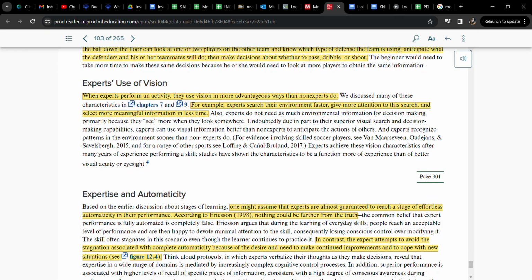Next is the expert's use of vision. They use vision more advantageously than non-experts. Shocker, right? They search their environment faster. They give more attention to the visual search we talked about earlier, and they select more meaningful information in less time. So they know what to pick on. I always talk to goalies about this.